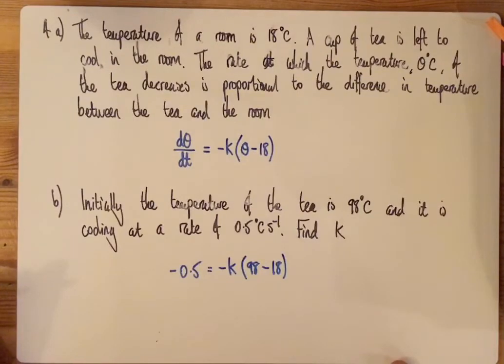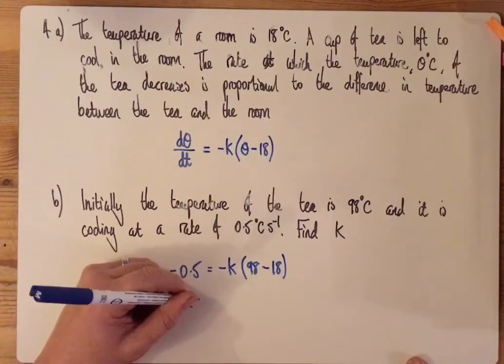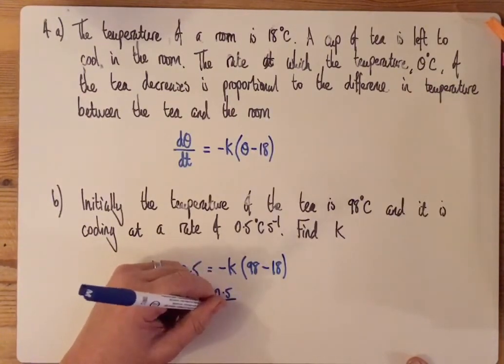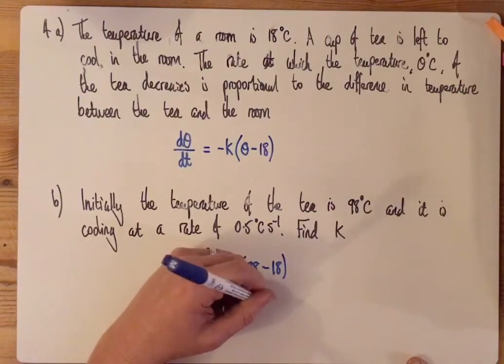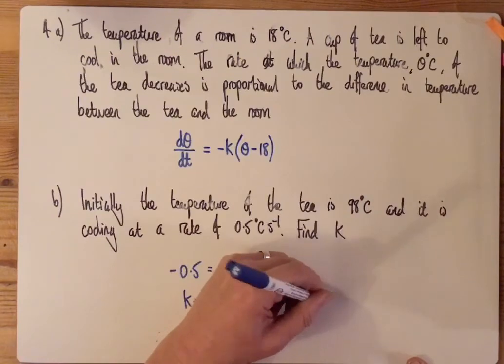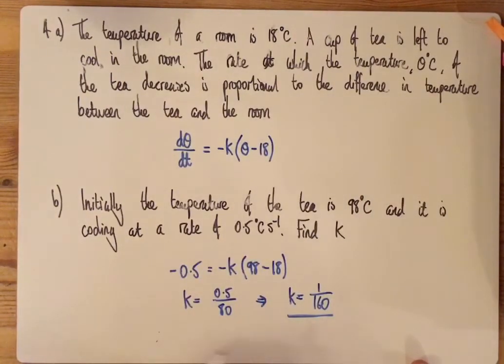Solving that, we get k is equal to 0.5 over 80, so k is equal to 1 over 160, and k is fixed at that. K should be positive, so if you end up with a negative k, you've maybe missed a negative earlier on in the question, so just check where it's gone wrong.